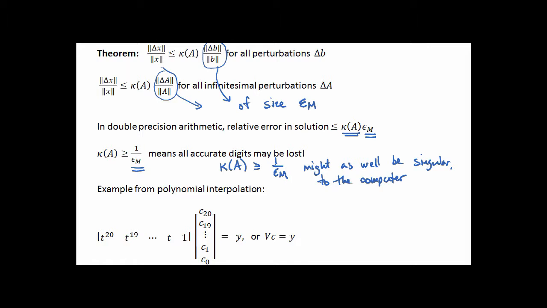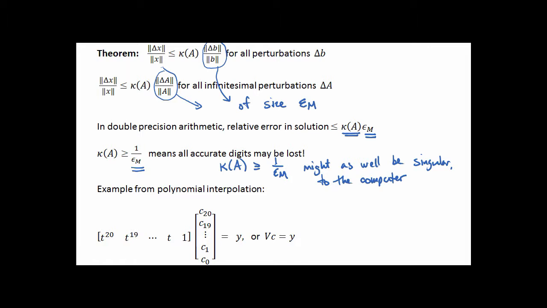I mean, you either have it or you don't. It's binary. But when you have fuzzy numbers, like we have for floating point arithmetic, suddenly it's not so clear-cut. There's such a thing as being singular, but there's also such a thing as being close to singular. And if you're so close to singular that the condition number is greater than 1 over epsilon machine, it's just as bad as being singular as far as the computer is concerned.